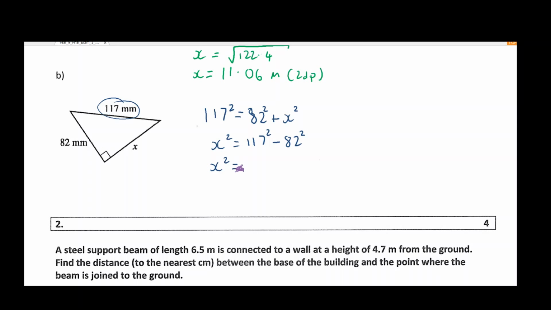X squared equals 117 squared take 82 squared, which gives 6,965. X equals the square root of 6,965. X equals 84.46 millimeters.